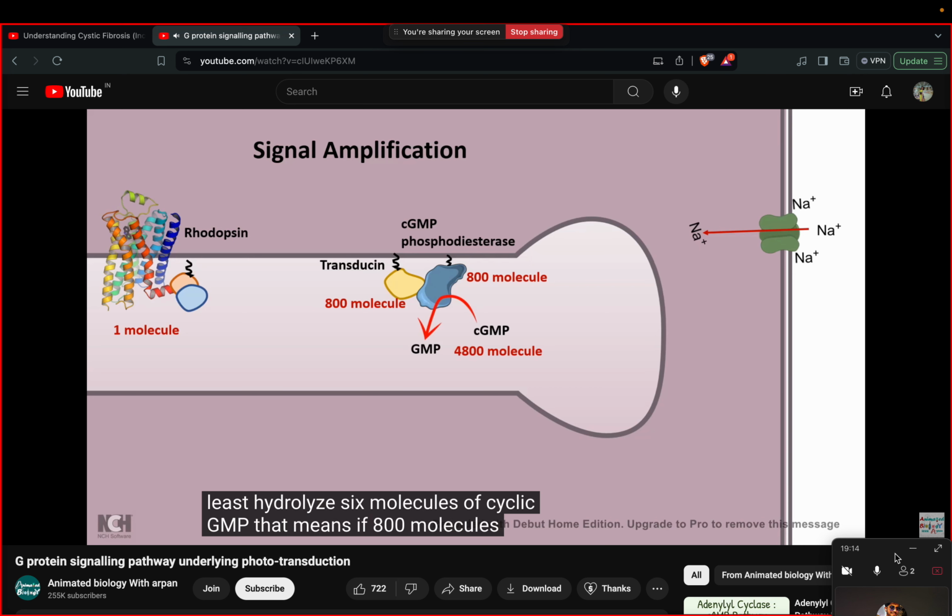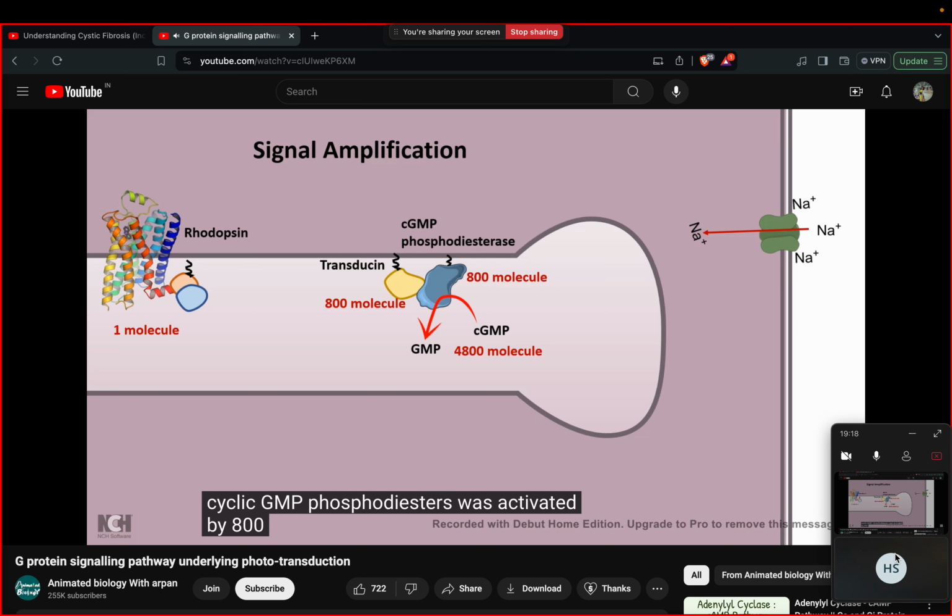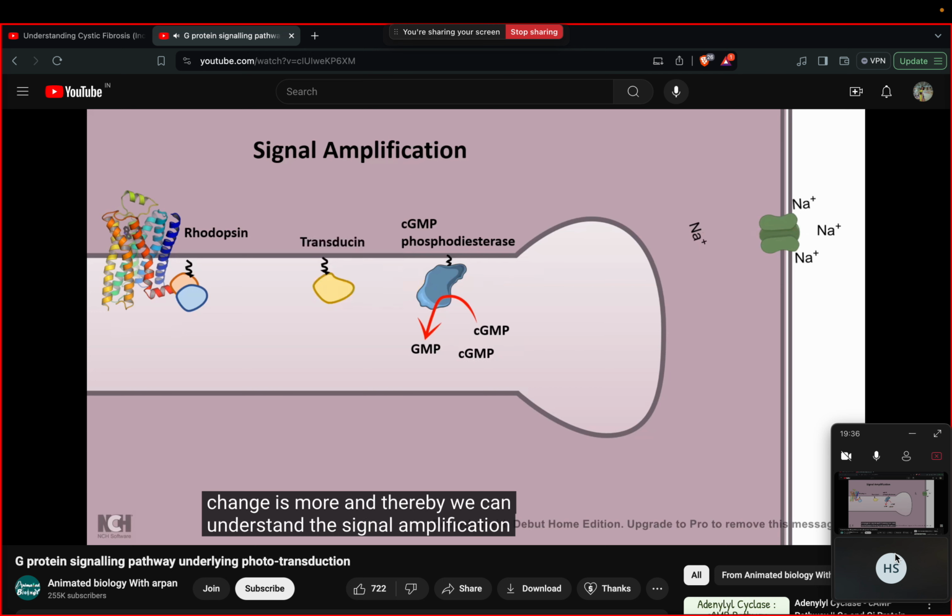That means if 800 molecules of cyclic GMP phosphodiesterase were activated by 800 transducin molecules, now there would be 4800 cyclic GMP broken down to GMP. That would lead to a massive change in each step, and at each step the degree of change is more, and thereby we can understand the signal amplification.